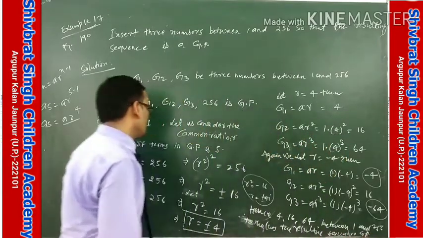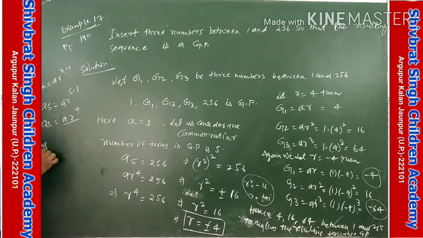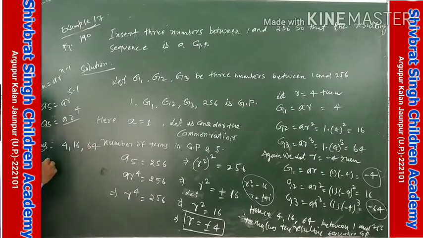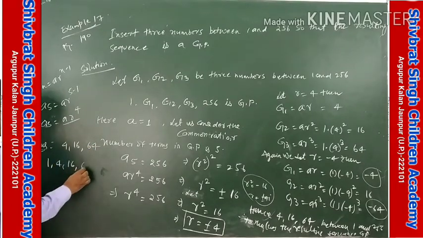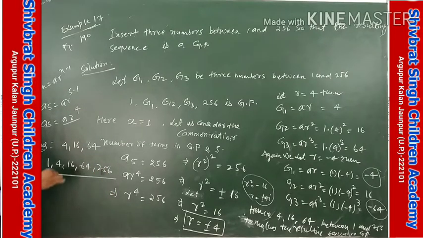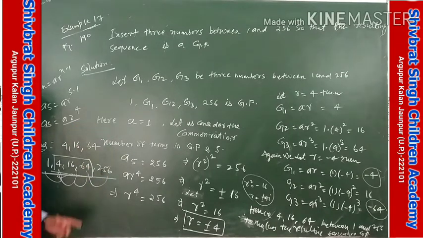That means your answer: 1, 4, 16, 64 and 256 is the GP. That means three numbers you can insert between 1 and 256, then the resulting sequence is a GP. You can check whether this is a GP or not. This is a GP with common ratio 4. Hence your answer is 4, 16, 64.